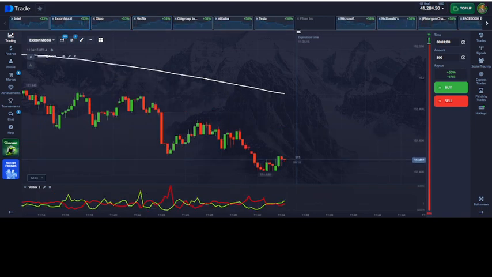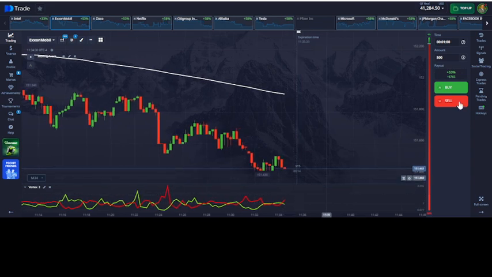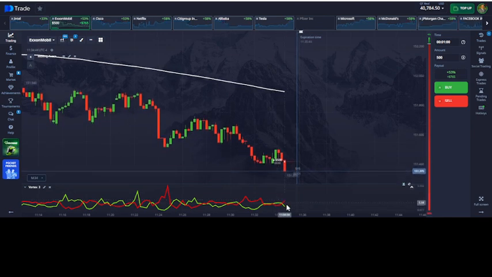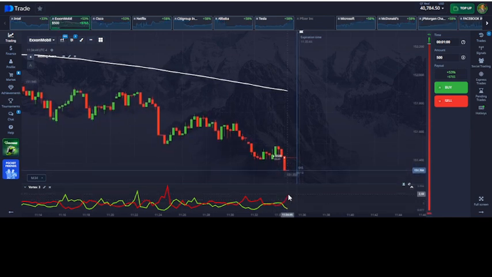Okay, so I'm back on Exxon Mobil, and I'm waiting for the cross of the red VI line, the vortex line, and the green here. There we go. So I just took a sell trade here, waited for the cross. Number one, minus VI line crossing above the green VI line here in an upward direction.